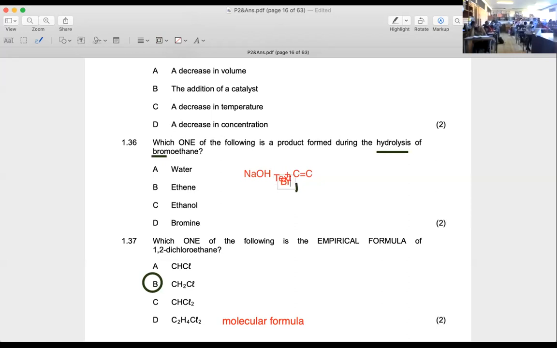You know something, I'm lying here. This is bromo ethane. Sorry, it's a single bond here. Let's just see if I can modify that. Bromo ethane, it's a single bond. That's just what I was saying to you. Okay.